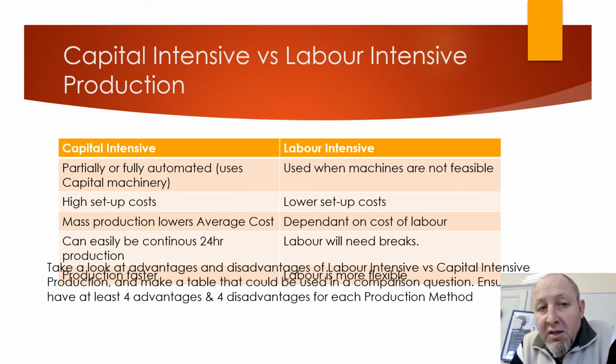An advantage of capital intensive production is that mass production lowers the average cost. Labor intensive, you will get in terms of, say, retail. I was at the local supermarket last Saturday. It was horrific.